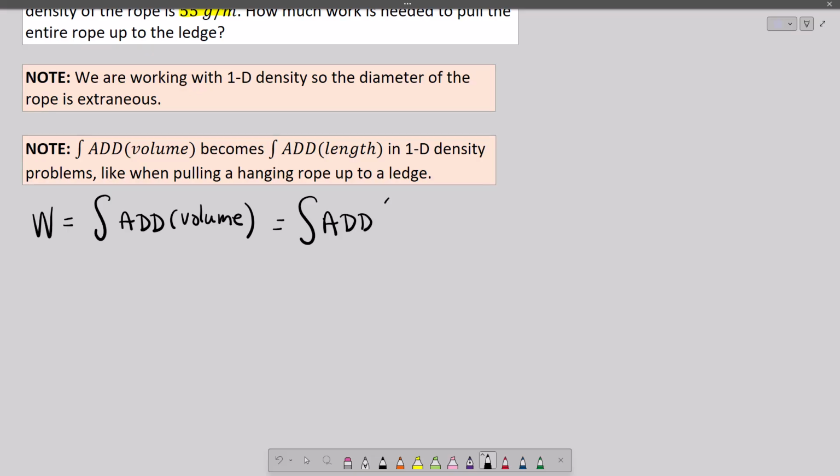Just dy. Right? This is area multiplied by dy. 3D density down to 1D density, you took away 2 dimensions of length. Taking away 2 dimensions of length, right there, that's gone. So our formula for a chain or rope is just ADD multiplied by dy.